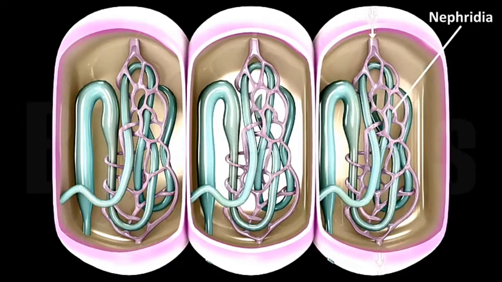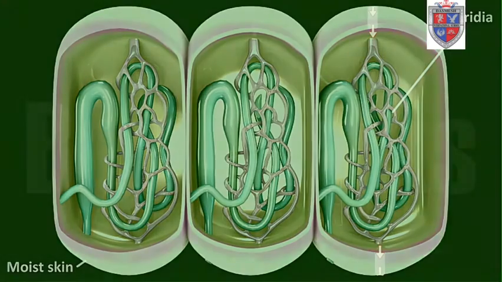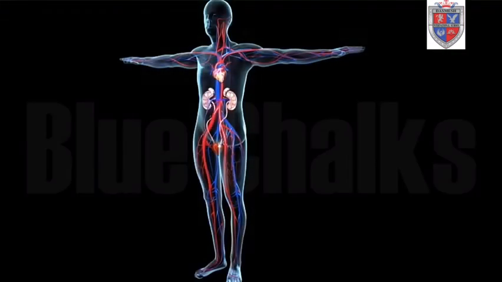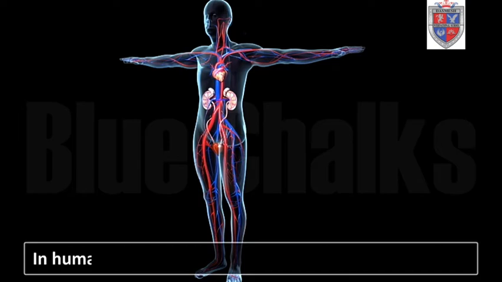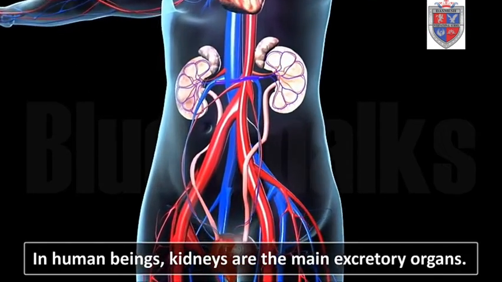Along with that, moist skin of the earthworm also acts as an excretory organ. In human beings, kidneys are the main excretory organs.